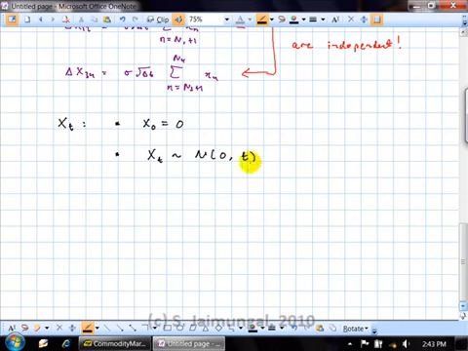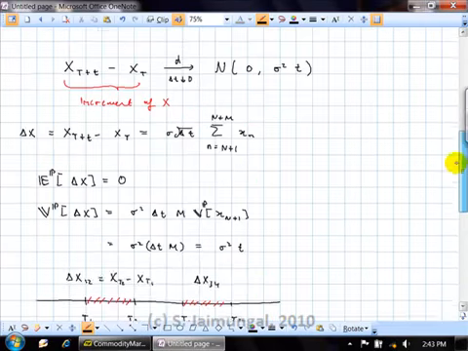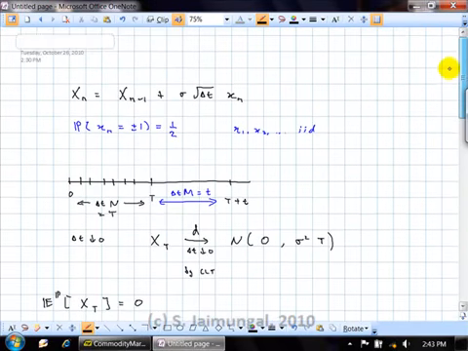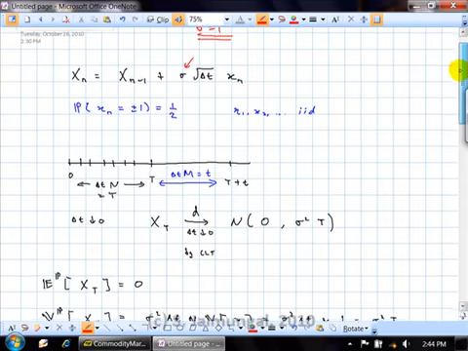Oh shoot! Sorry, no one stopped me on one mistake that I've made throughout this entire thing. I included sigma here. I don't want sigma here. Remember when I defined x, I had no sigma in it. I said we wanted to rip away the sigma. There should be no sigma in this at all. So just say sigma equals 1 here, just to avoid having to erase it from everywhere. I want the basic property of what's going to be called a Brownian motion.